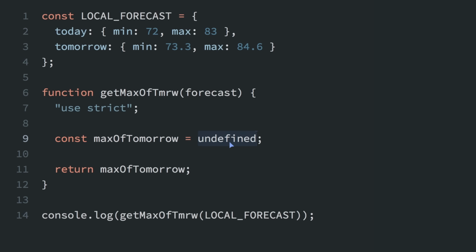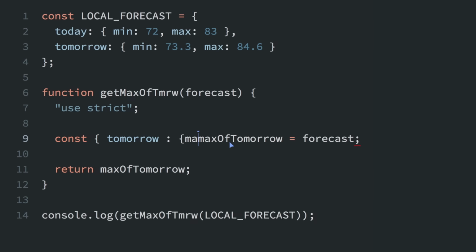So we are going to use destructuring to figure that out. So it's going to equal forecast. And remember that is a nested object. So here, when you're destructuring, you're always going to use the curly braces. And we are first going to get tomorrow, and on the other side of the colon, we're going to have some more curly braces because it's nested. So we need to go inside of the tomorrow object, and we need the max.